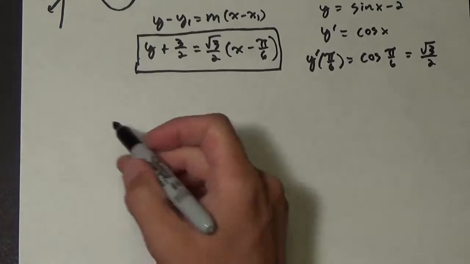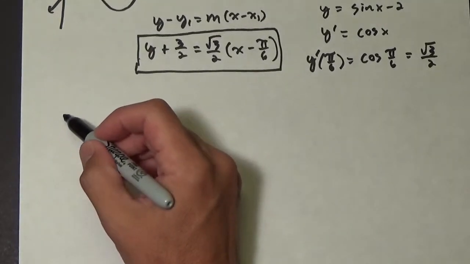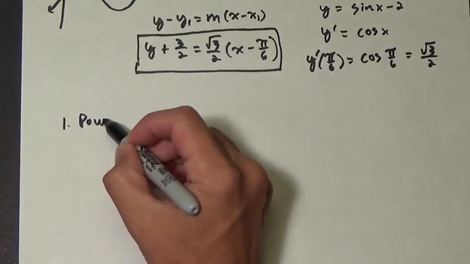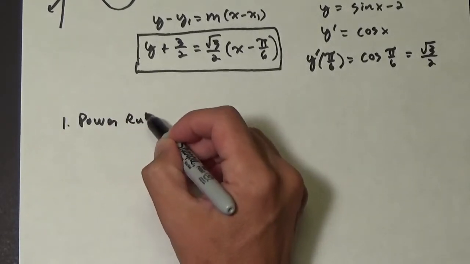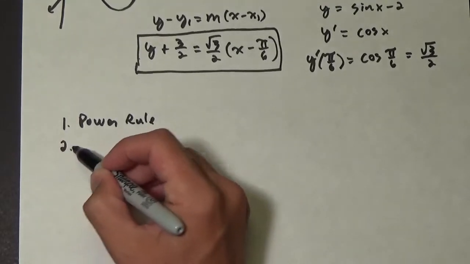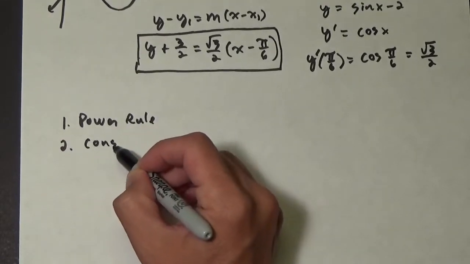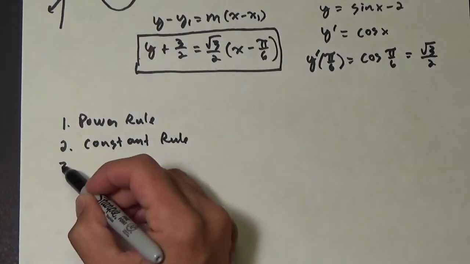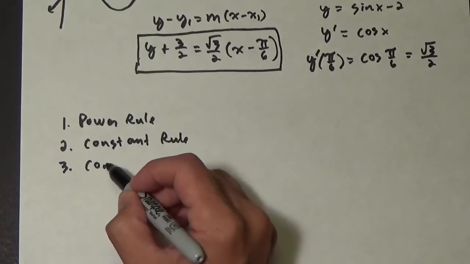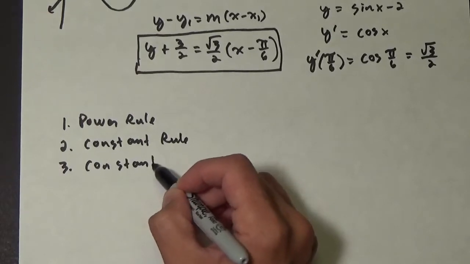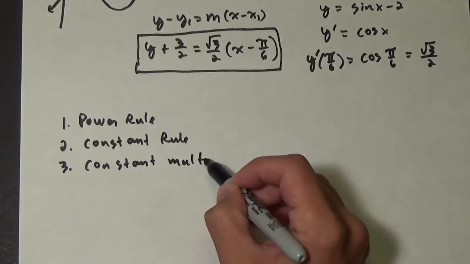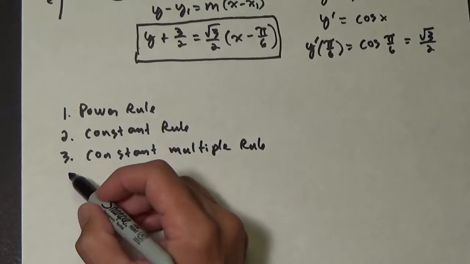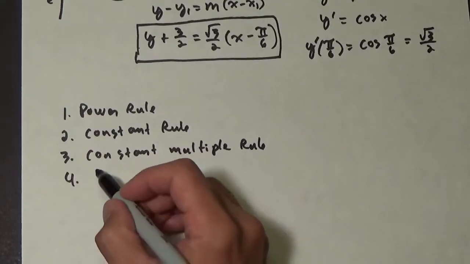So let's look at what we've done so far. What we have so far for finding derivatives. We have the power rule, which is very handy. We have the constant rule. We have the constant multiple rule. We have the sum and difference rule.